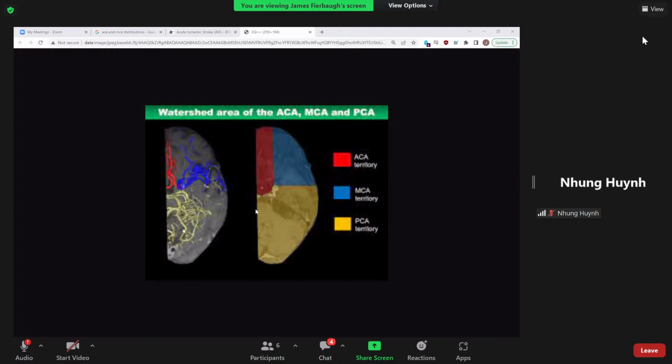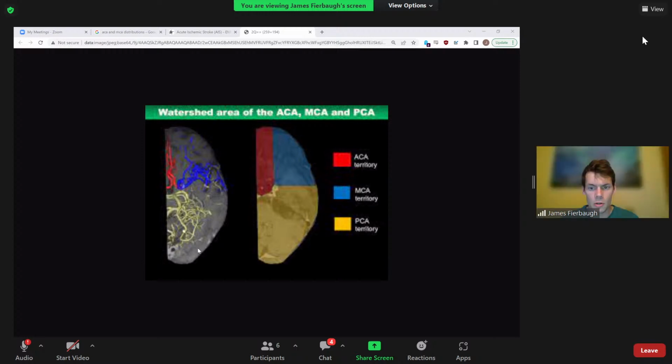So we can see here, based on the distributions, compared to the frontal and parietal lobes, if the parietal lobe, which is located in this area, is affected by a stroke, we would anticipate seeing sensory involvement here, compared to an isolated frontal stroke, which is in this area.